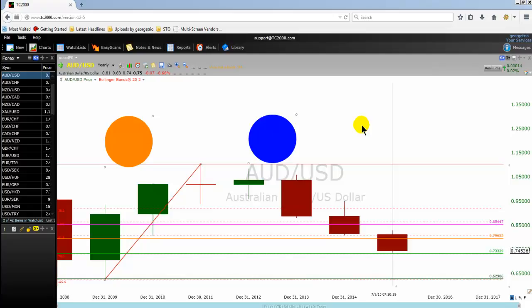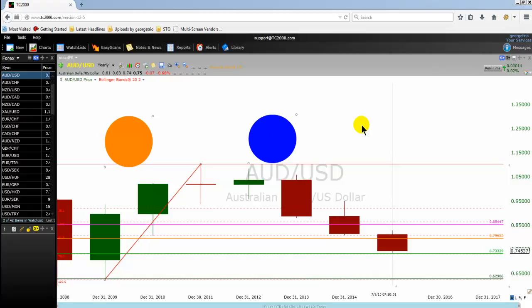Number two, that decision will influence the Australian central bank. Third, gold will influence this currency pair. Very, very important. We need to understand that. And also the euro dollar currency pair moves in the same direction, positively correlated to the Australian dollar, US dollar currency pair.